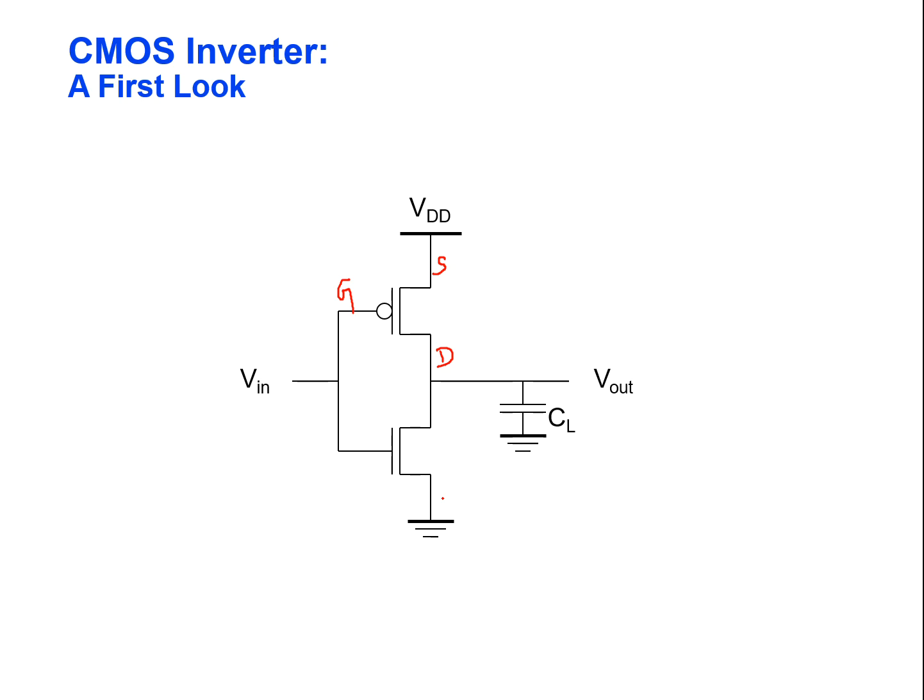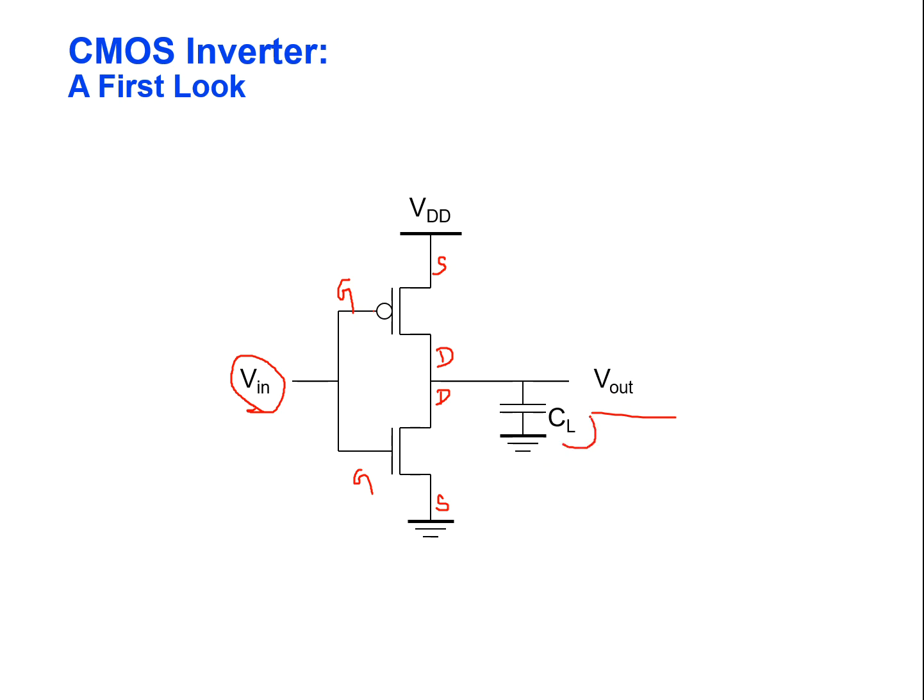Similarly for the NMOS, the source is connected to ground, the gate is connected to input, and the drain of the NMOS is connected to output. As it is a CMOS inverter, the gate of PMOS and gate of NMOS are interlinked and the input, represented with Vin, is given there, and the drain of PMOS and drain of NMOS are joined and you are taking your output Vout.